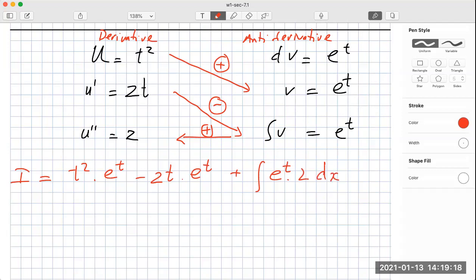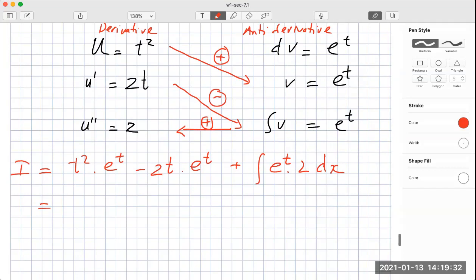This is a trick to do integration by parts multiple times at the same time. And if we do it this way, we will have t squared e to the t minus 2t e to the t plus 2 e to the t, yes, plus a number.